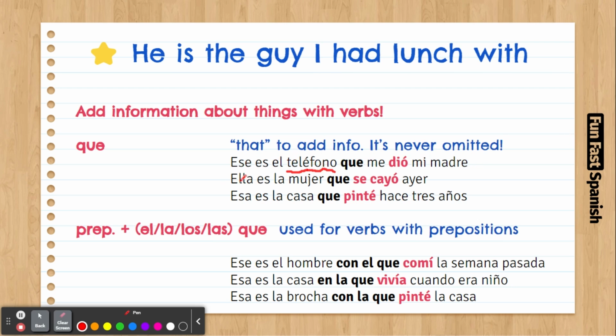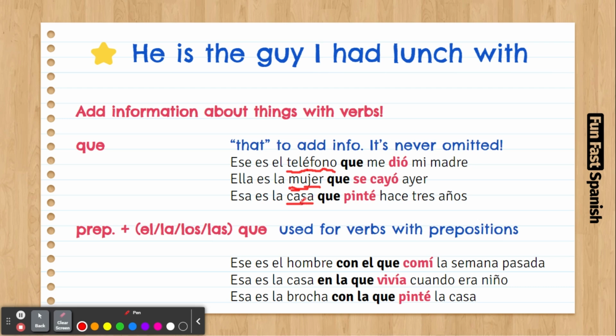The same here. This is the woman que, es la mujer que se cayó ayer. So she is the woman that fell down yesterday. So I'm adding information about this woman. Esa es la casa, right?